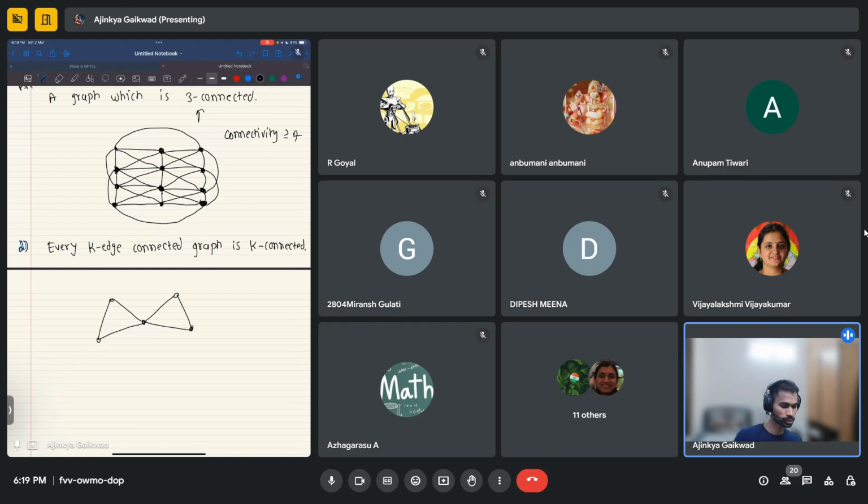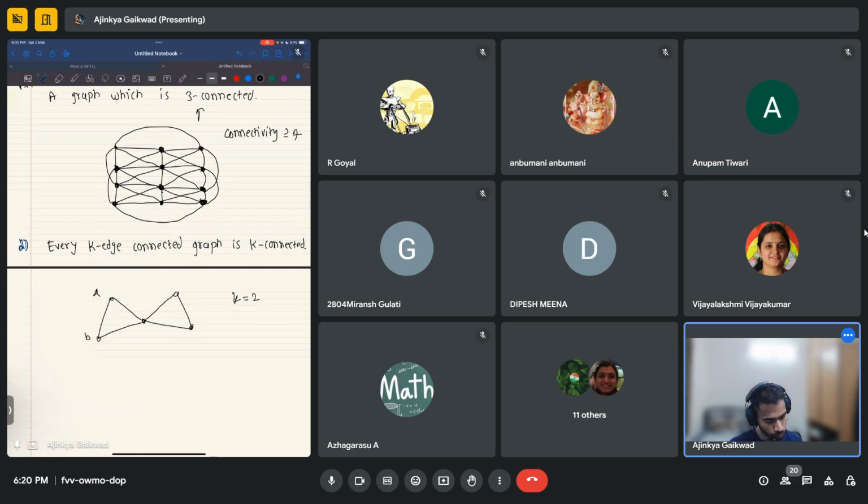So let's look at this. For what k do you think this is a counterexample? K is equal to two. Okay, two is also fine. So this graph is 2 edge connected. Why? Because removing one edge does not disconnect the graph. You can observe this. If you remove only one edge from this graph G, it doesn't disconnect the graph. But removing one vertex does.